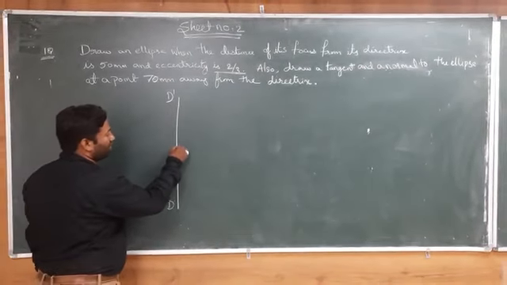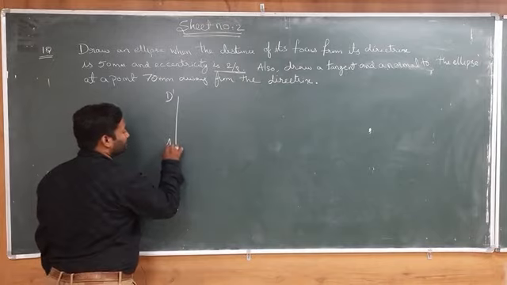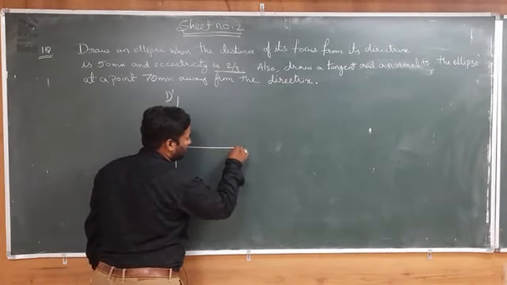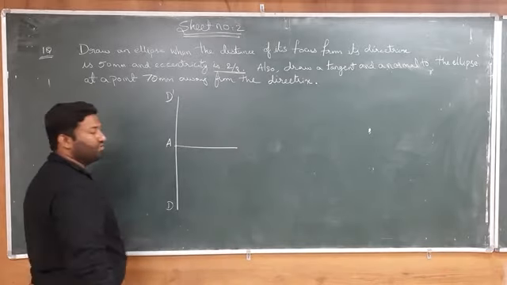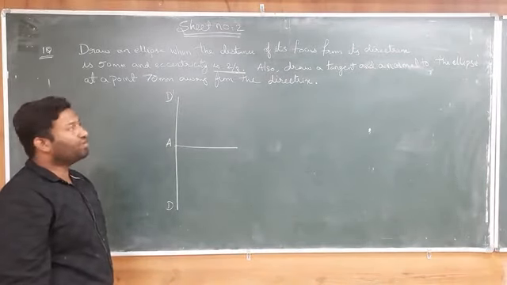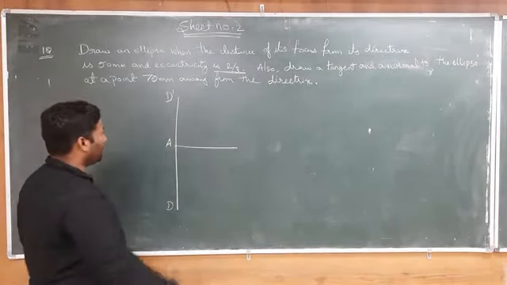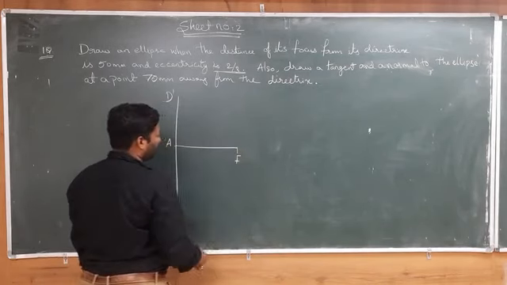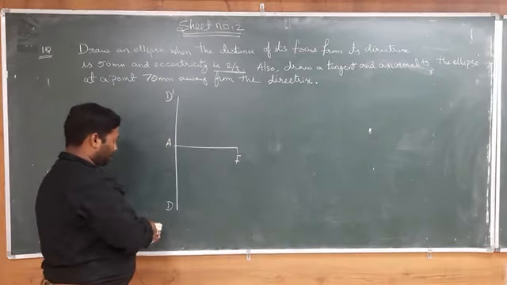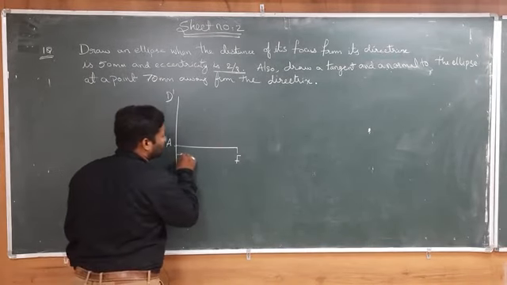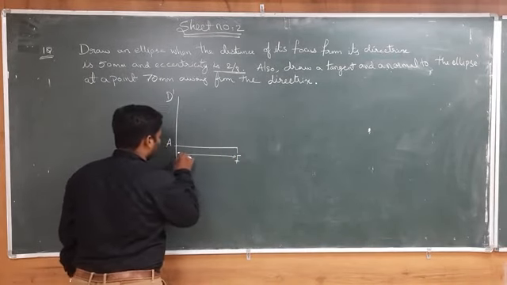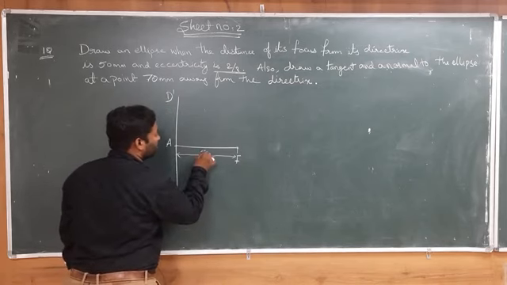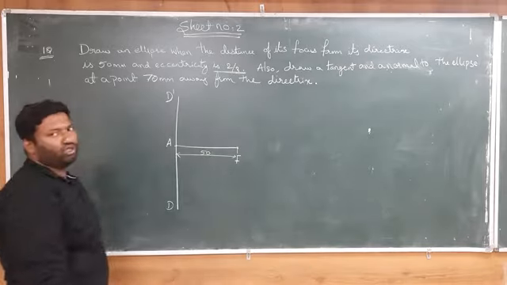So we will select a point here and mark it as A, and we will draw a line by taking a dimension of 50 mm. Now the 50 mm is our focus distance. So we will take the distance from A to F as 50 mm, and this is the focus point. We will call the point F the focus, which is 50 mm away from the directrix.